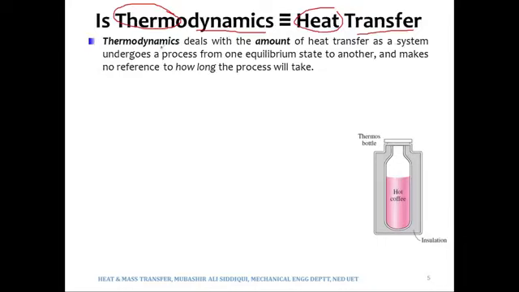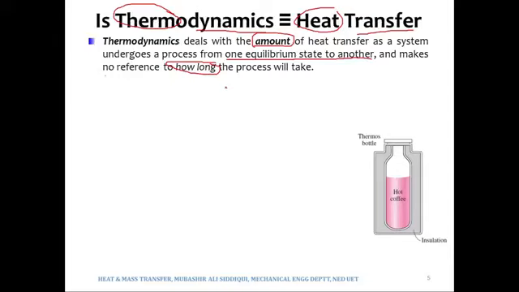Rather, thermodynamics deals with the amount of heat transfer as a system undergoes a process from one equilibrium state to another equilibrium state, and it makes no reference as to how long the process will take.